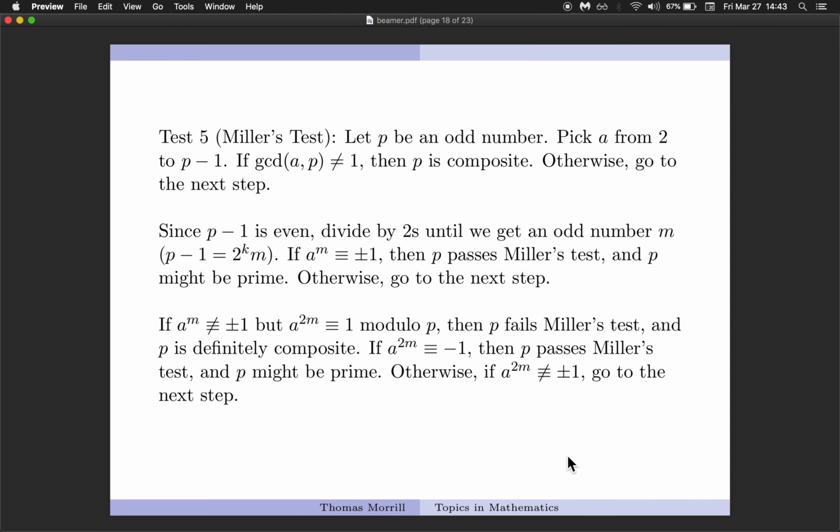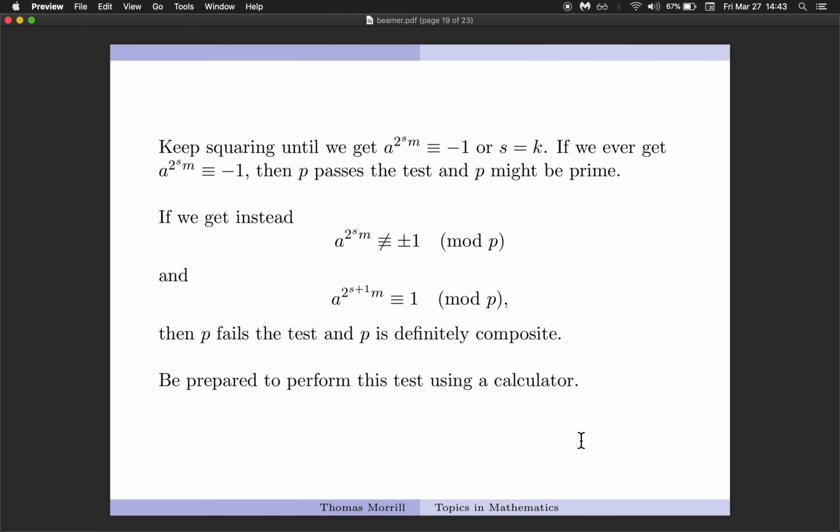So if I get this far in the algorithm, I got to do another step. So we're going to keep on squaring. And when we square, we'll get some number that looks like this: a to the power 2 to the power s, and then times m. We're going to keep on squaring until we get this number looking like -1.